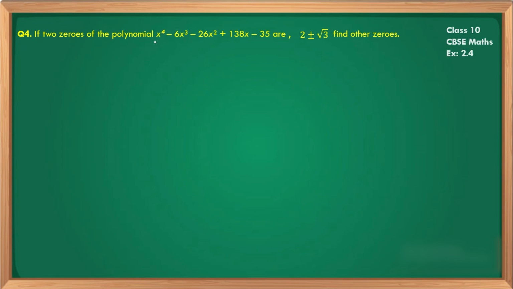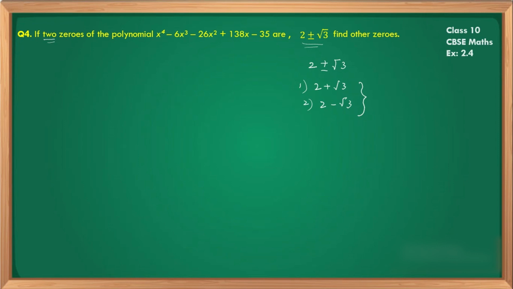That means we should have 4 zeros for this polynomial, 4 values of x. Now the question says 2 zeros, but he has given only 1, 2 plus or minus root 3. If you are intelligent, you can find out 2 out of this. Yes, you got it. It means one is 2 plus root 3 and the second one is 2 minus root 3.